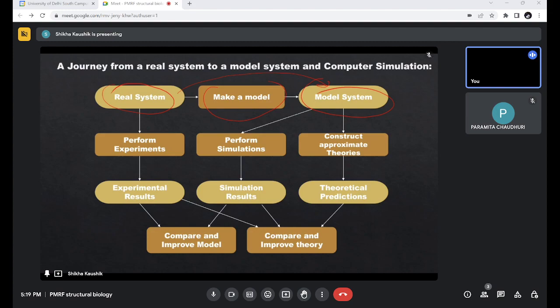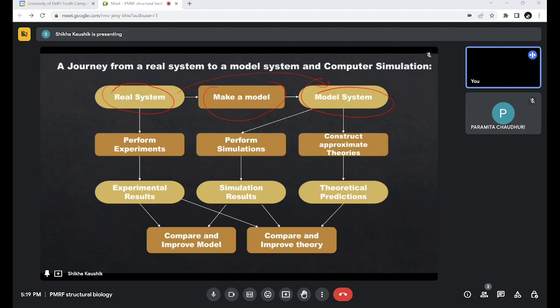If I talk about the principal tools in the theoretical study of biological molecules, molecular simulation is one of them, and it helps us calculate the time dependence of any system. It is not just showing you the actual scenario; through molecular dynamics simulation you can also make certain changes.